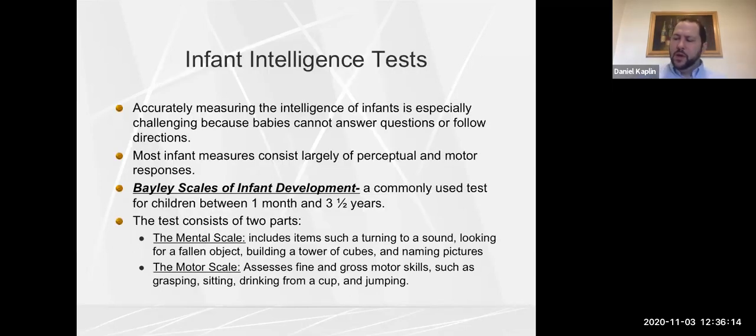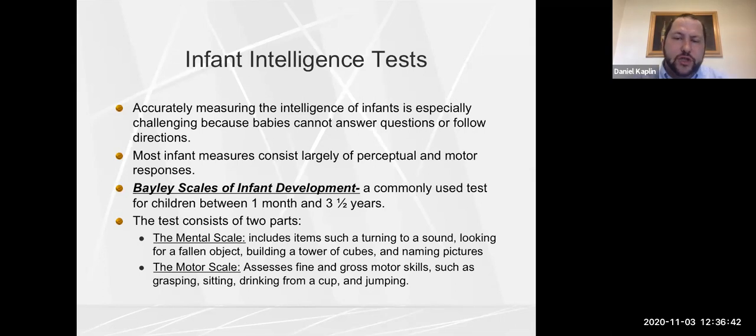All right. So you'll notice that both the Stanford Binet and the Wechsler test start measuring intelligence at 2 years old or later. And the question becomes, what if you had to measure intelligence beforehand?